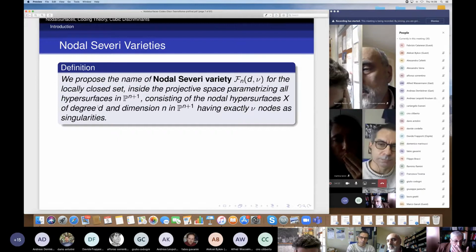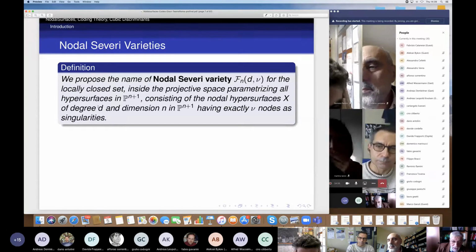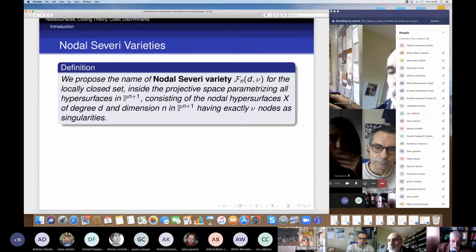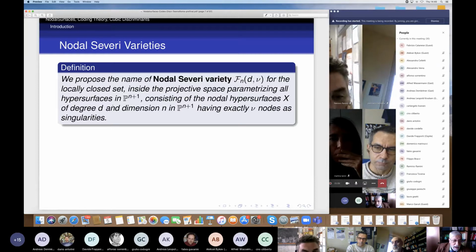Hypersurfaces are given by polynomials, polynomials form a vector space, so you have a projective space. We take hypersurfaces in P^(n+1), so a hypersurface X has dimension n, and we take there the locally closed set consisting of the nodal hypersurfaces X of degree d and dimension n with exactly the given number of nodes as singularities.